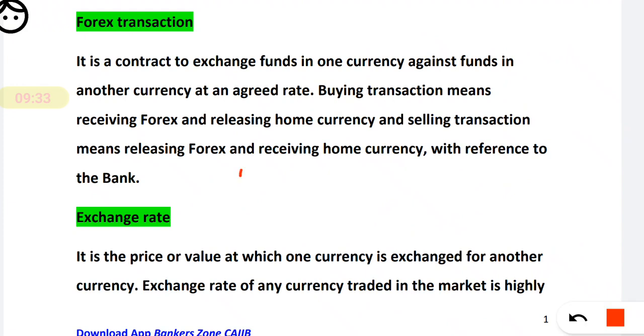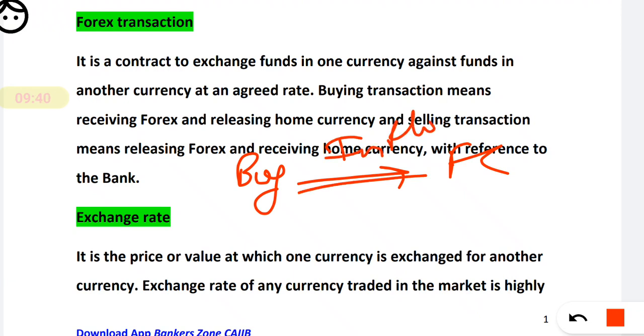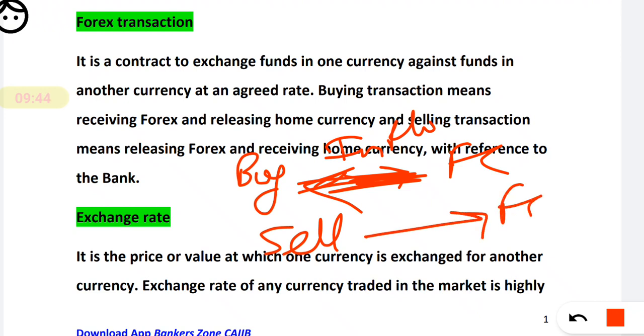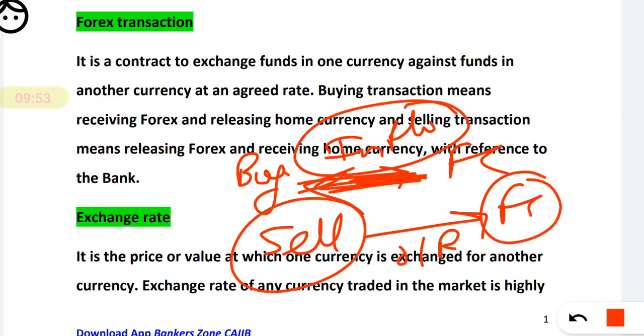Just remember, in case of buying, foreign currency will be an inflow, and in case of selling, foreign currency will be an outflow. Very easy: if you buy something, it comes to you, and if you sell something, it goes away from you.